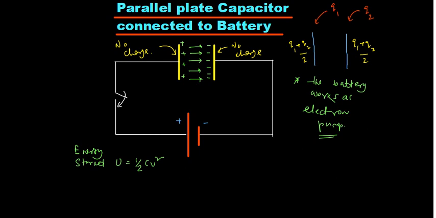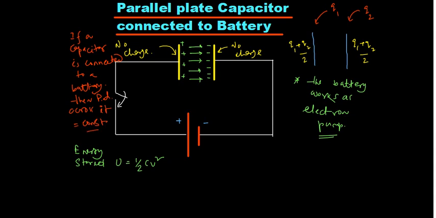Because whenever a capacitor is connected to a battery, the potential difference (PD) across it is constant. So the potential difference across the capacitor will be constant.